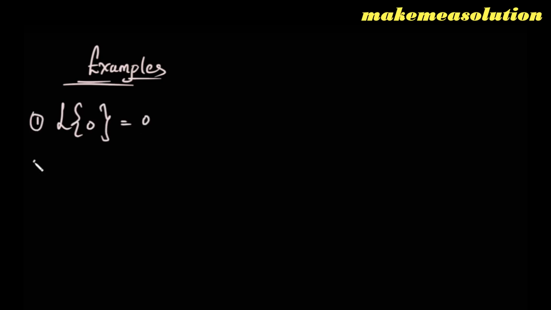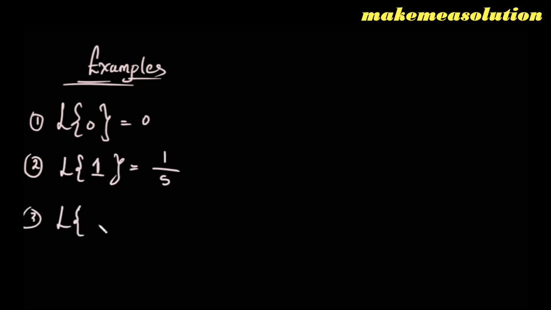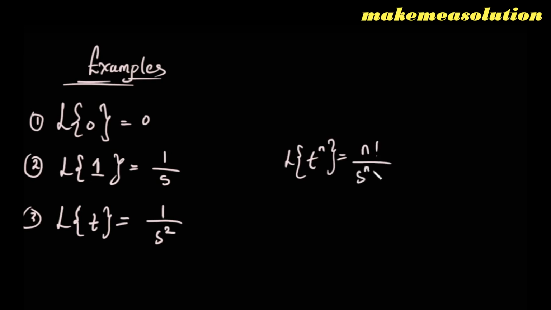So in example 2, the Laplace transform of 1 is 1 over s. Example 3, the Laplace transform of t is 1 over s squared. Remember that the Laplace transform of t raised to the power of n is n factorial all over s to the n plus 1.